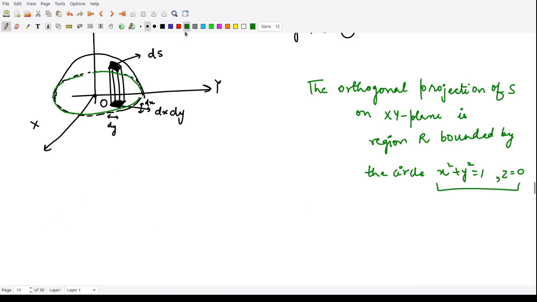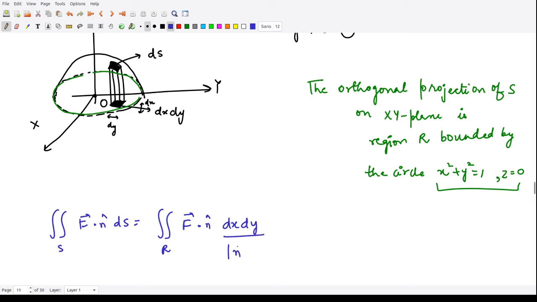So we can write the surface integral of f vector dot n vector dS as the double integration over this projected region R of f vector dot n vector, dx dy divided by n cap dot k vector, since z is missing here.